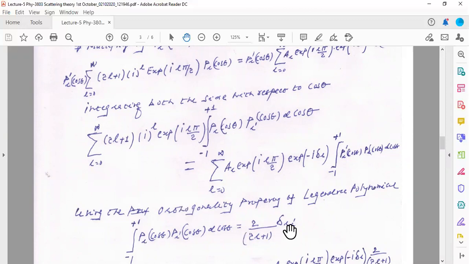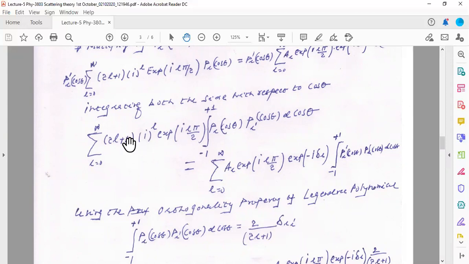So when l is equal to l', this will be 1, otherwise it is 0. This is the Kronecker delta function. So when l is equal to l', the term will be equal to 1, otherwise the Kronecker delta function is 0.